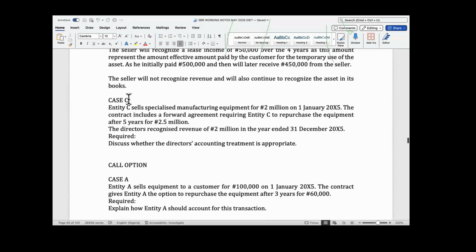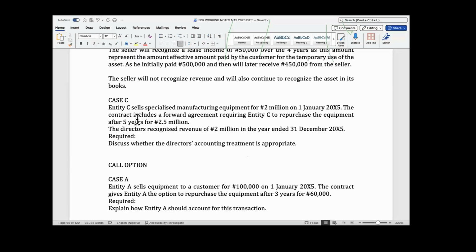Now we have case C. Entity C sells specialized manufacturing equipment for 2 million on 4th January 2005. The contract includes a forward agreement requiring entity C to repurchase the equipment after 5 years for 2.5 million.